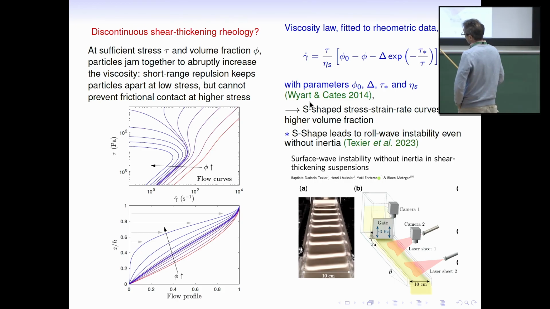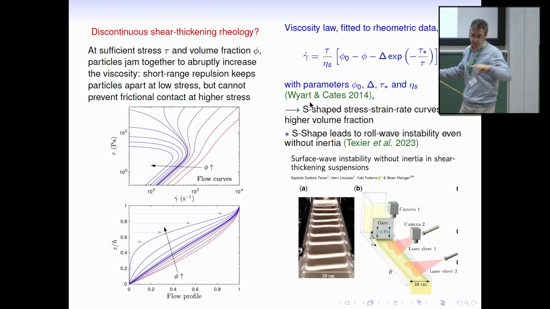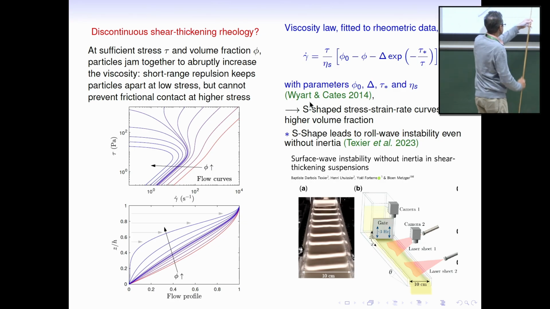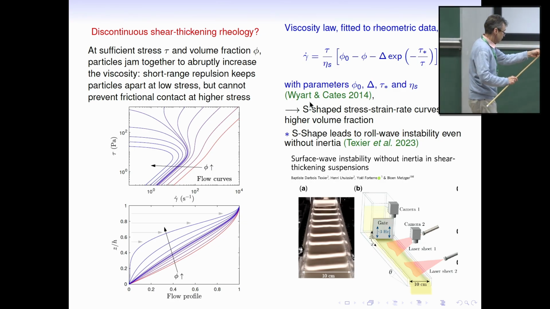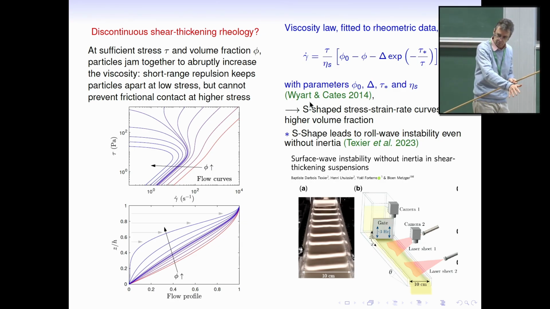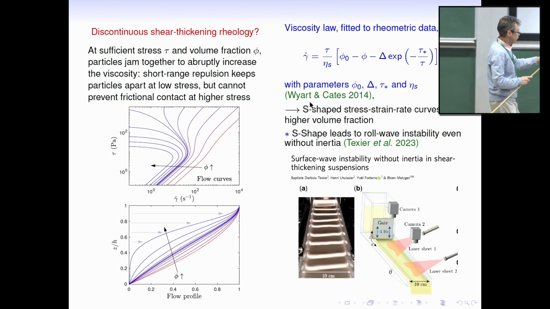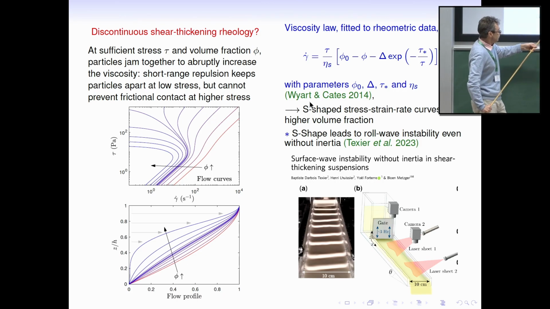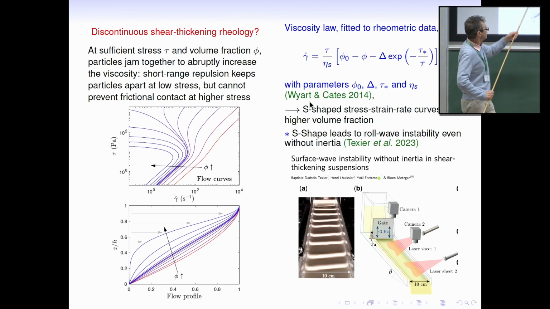Okay, so the consequence of that on a sheet of fluid flowing down a plane would be the following. At low volume fractions, you're going to have a flow profile for a laminar viscous-like film, the usual parabolic shape. But as you increase the volume fraction, at some point, the bottom is where all the stress is.